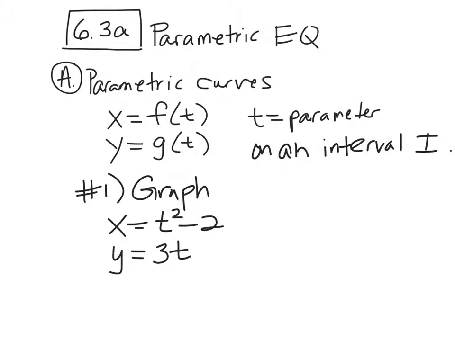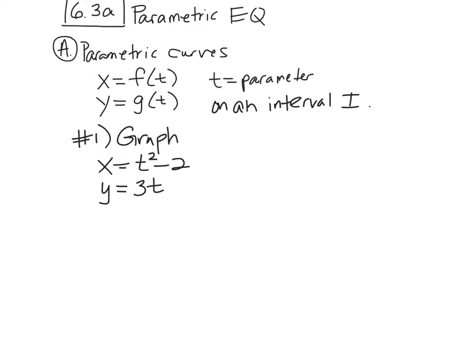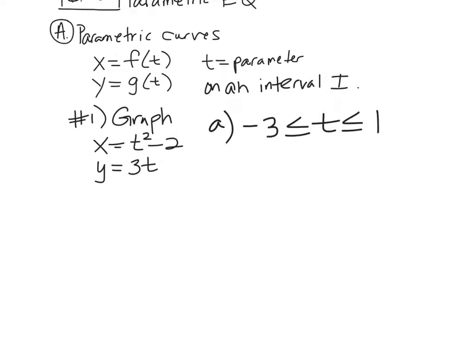We're going to graph this on 3 separate intervals just to see the changes it makes. So letter A, we're going to graph this from -3 to +1, and we're going to draw a graph of this.